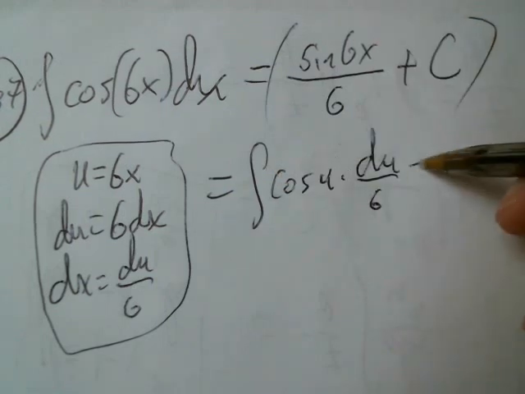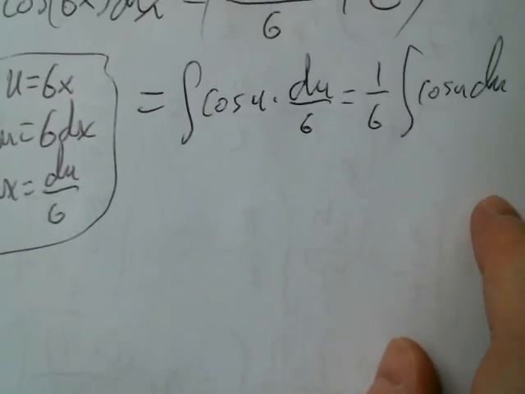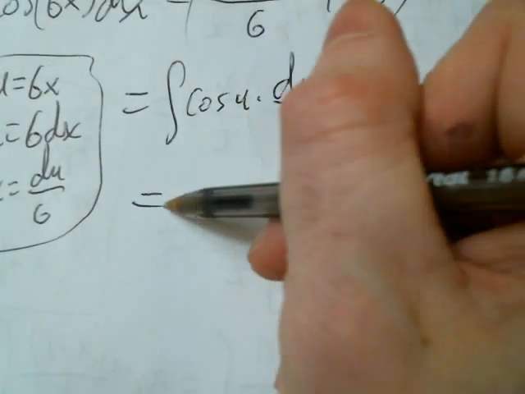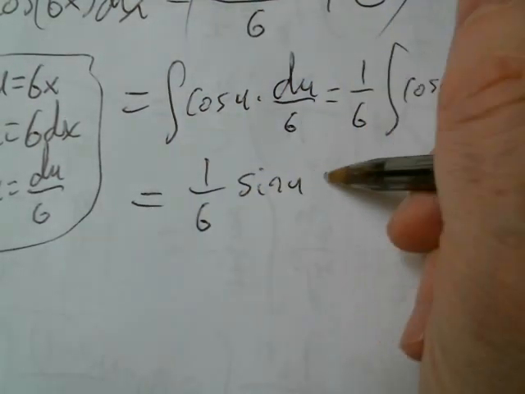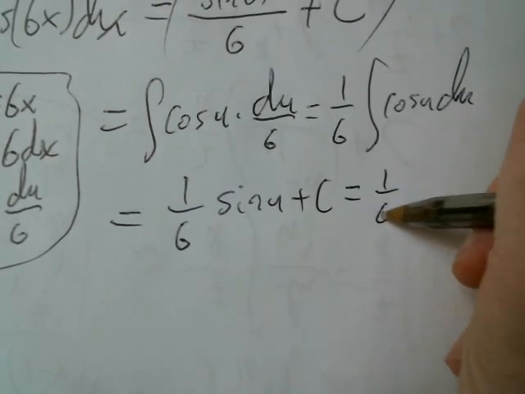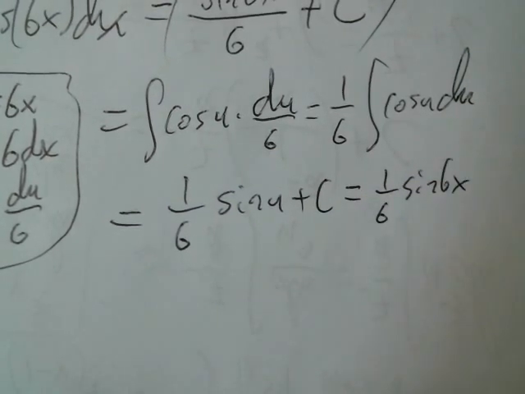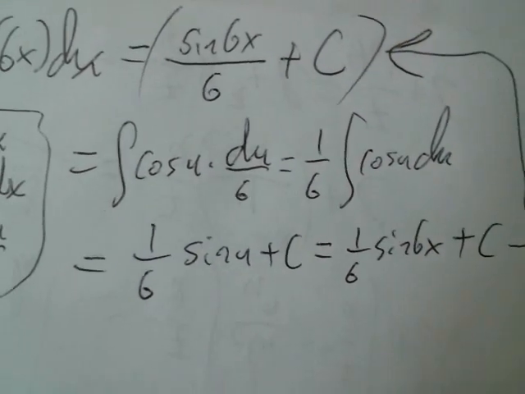There's a constant of 1/6 I'll pull out in front. Then I have the integral of cosine of u du. So that will be 1/6 times the integral of cosine u, which is just sine u. And then back substitute. So you get 1/6 sine of 6x plus c.